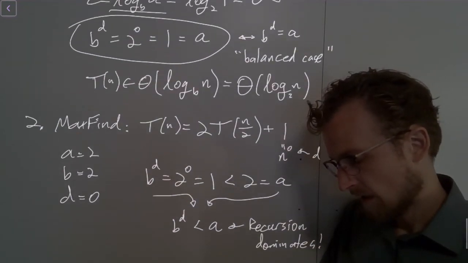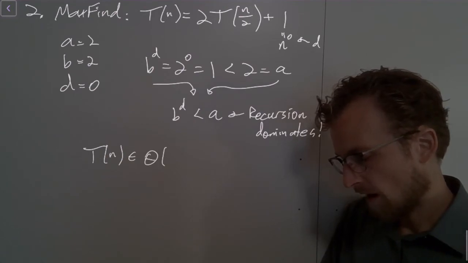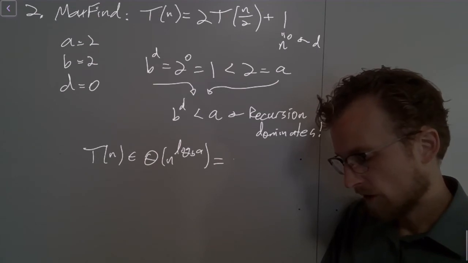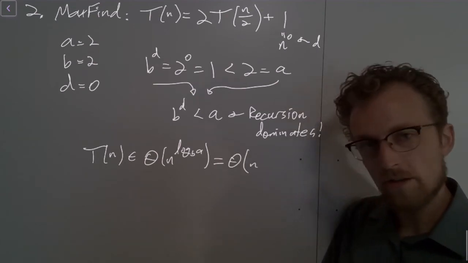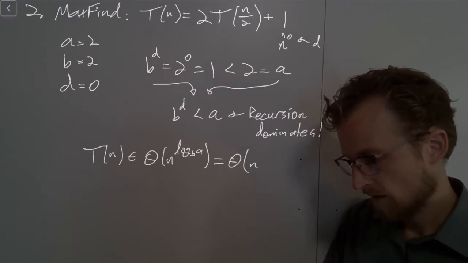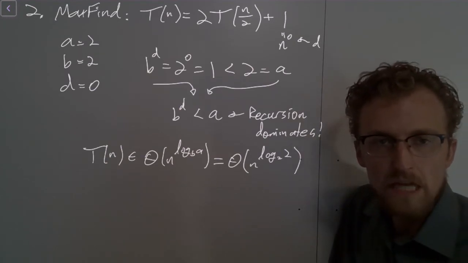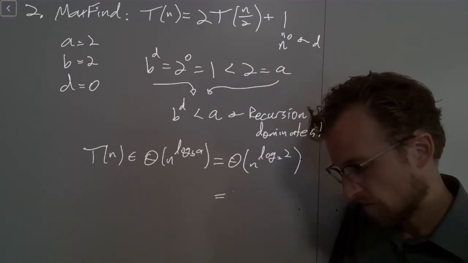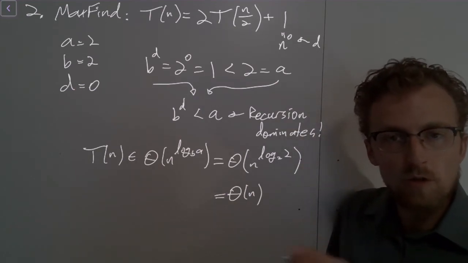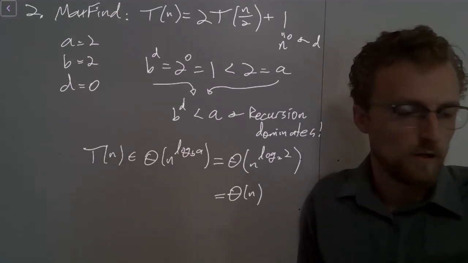So if the recursion is dominant, then T of n is in big theta of n to the log base b of a, which in this case works out to log base 2 of 2, and that's just 1. So that's just big theta of n, because n to the 1 is just n. Okay, so there's a second actual algorithm that works.